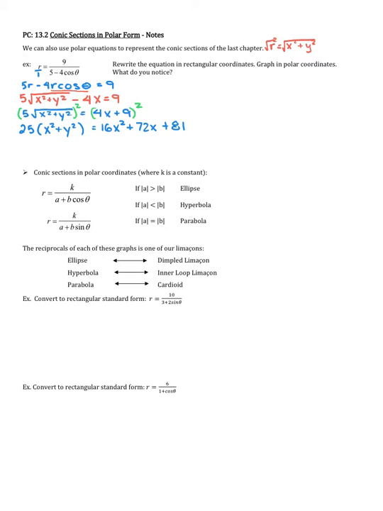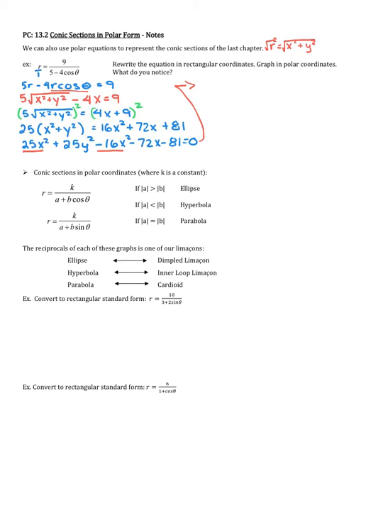And from here, it's really just about gathering together your like terms. So I have 25x squared plus 25y squared, and then I'm going to bring terms over: minus 16x squared minus 72x minus 81 equals 0. I have two common x squared terms, so I can bring them together.